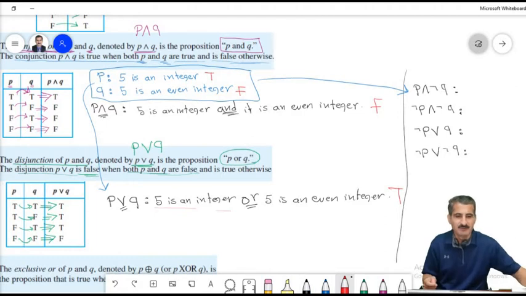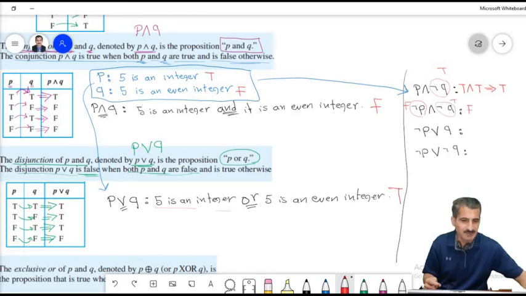So P is true, and Q is false, so not Q is true, and true and true will be true. Okay, so notice not Q is true. Now for this one here, not P is false, not Q is true, so we have false and true, which is false.